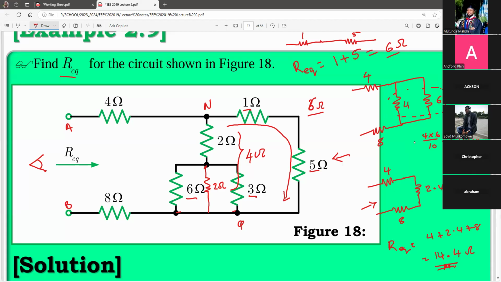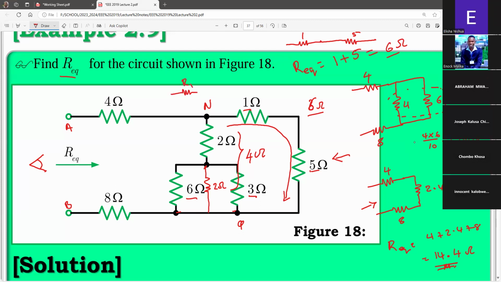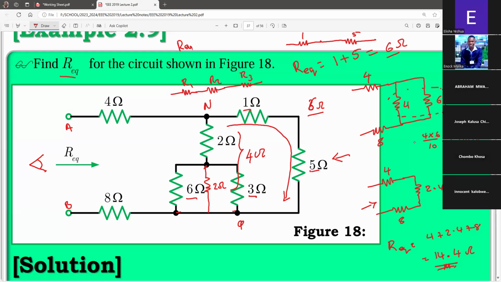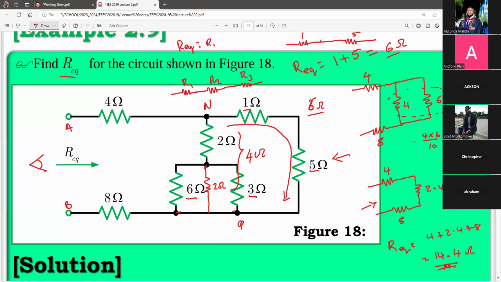Yes, Axon? Remember, we had said that if you have R1, R2, R3, the equivalent resistance of these resistors that are connected in series was REQ equal to R1 plus R2 plus R3.